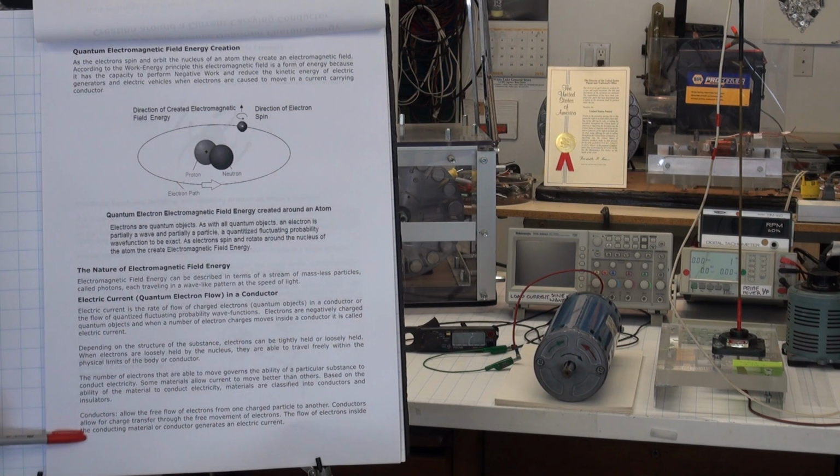Conductors allow the free flow of electrons from one charged particle to another. Conductors allow for charge transfer through the free movement of electrons. The flow of electrons inside the conducting material or conductor generates an electric current.